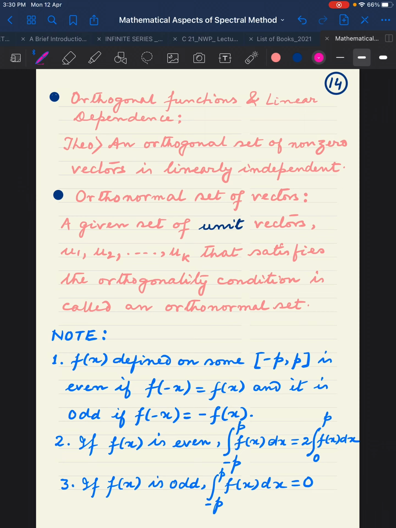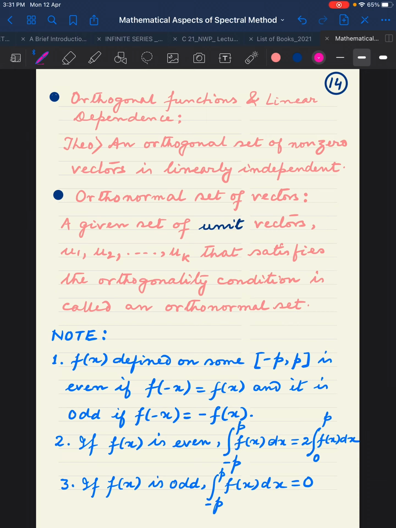Now I come to some simple notes, and this is almost your higher secondary mathematics. I just want to remind you of some results. f(x) defined on a closed interval from minus p to p is even if f(minus x) is f(x), and it is odd in that interval if f(minus x) is minus f(x), which you all know.